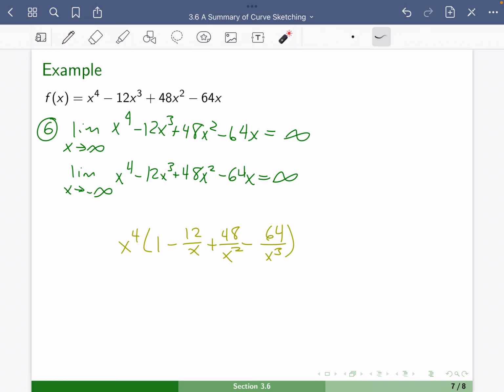And so this piece heads towards infinity in either case. All this mess heads towards 0, so you just have infinity times 1. And so they're both heading towards positive infinity.